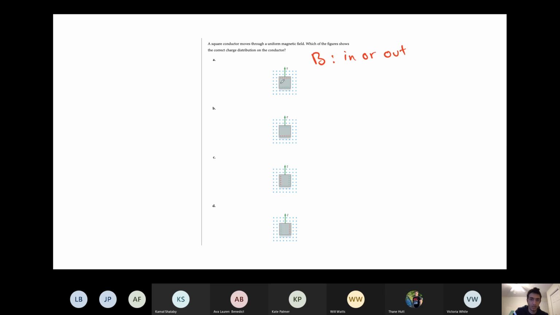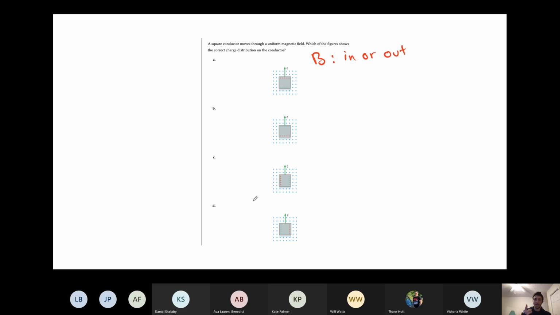So for the square conductor in the uniform magnetic field, the first question you need to ask yourself is where the magnetic field is pointing. Is it pointing into the page or out of the page? Yes, it's pointing out. Now using your right hand rule, can you figure out which charge distribution it will be?